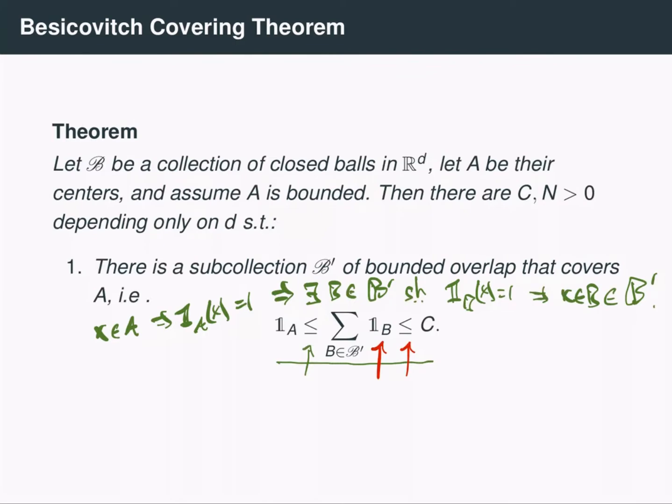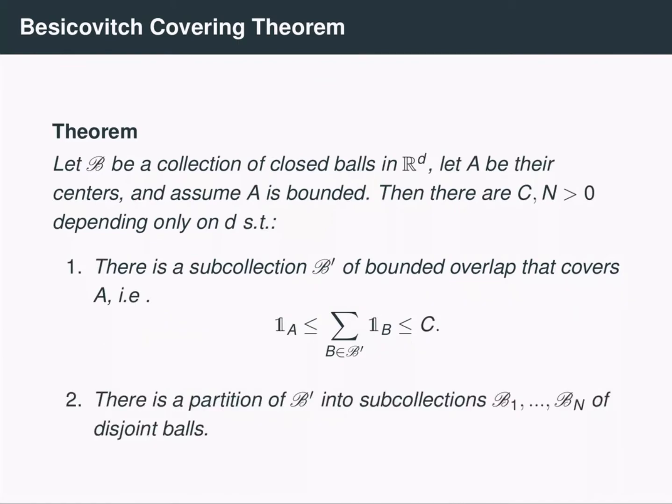But that would mean that this sum here would be at least C plus 1 and hence exceed C, which is a contradiction. And thus, if the characteristic functions satisfy this inequality, that's equivalent to saying that the balls have bounded overlap. No point is contained in any more than C many balls from the collection.